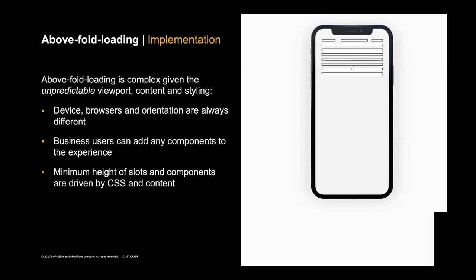And last but not least, the height of these slots where we render the components is also very fluid. It depends on the content and on the style of the components. Imagine you're running two sites on the same implementation of Spartacus. Then there might be different styles, and the styles could also influence the size of the components.